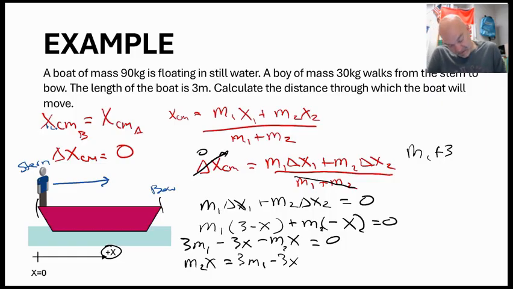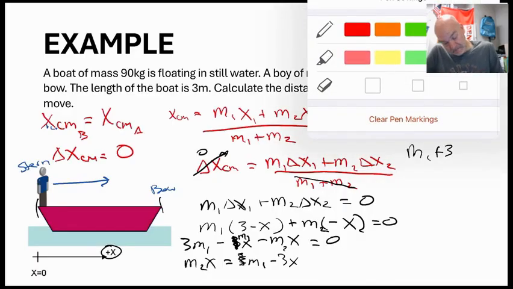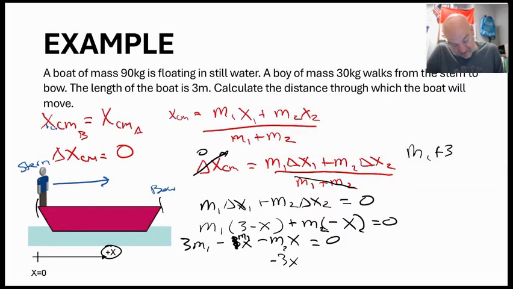I lost the m2 also. Oh, it's right here. So this would be m1x. That's why. Okay, fixed. All fixed. So, come back in here. I didn't distribute properly. That's what happened.